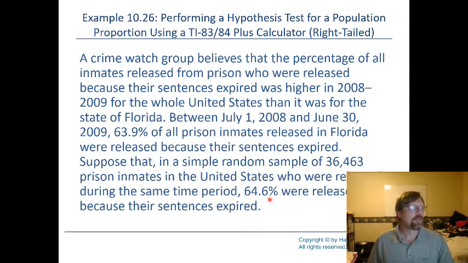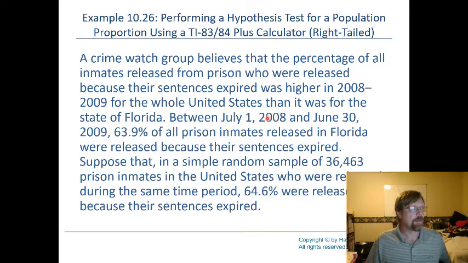All right, so we've got a crime watch group that believes the percentage of inmates released from prison because their sentences expired, so they served all of their time, was higher in 2008-2009 for the whole U.S. than it was just for Florida.